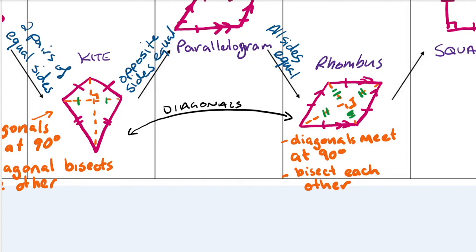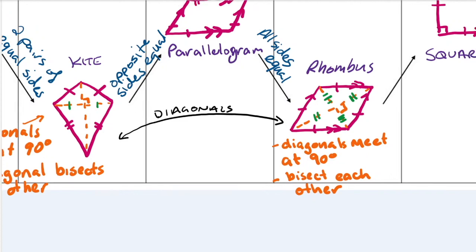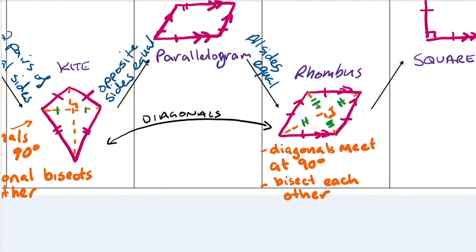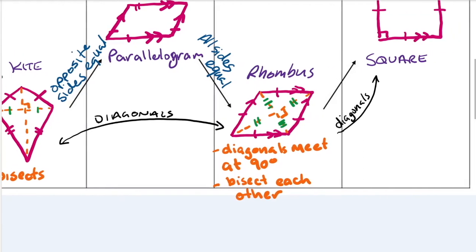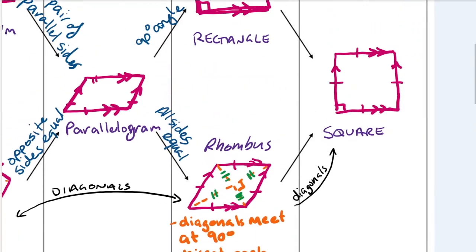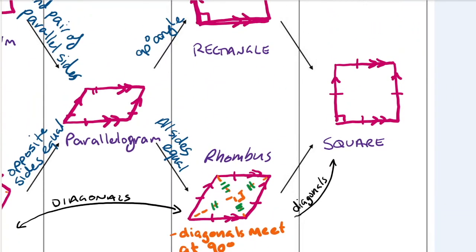Now that all leads back up to our square. All the way back up to our square. Right, so more on the diagonals over here. Let's bring our square into play. And we can put our diagonals in. They do meet at 90 degrees.